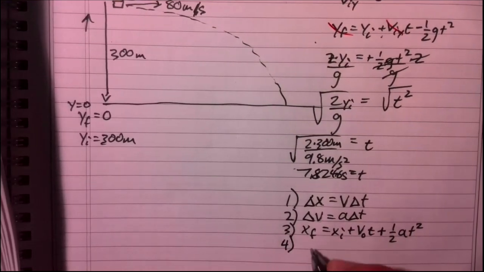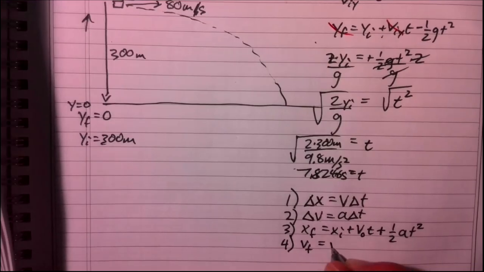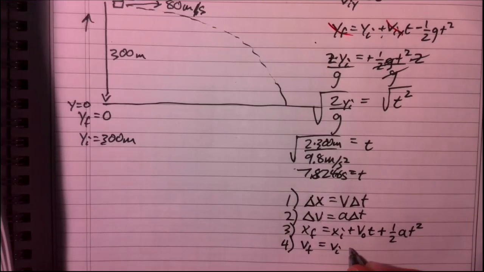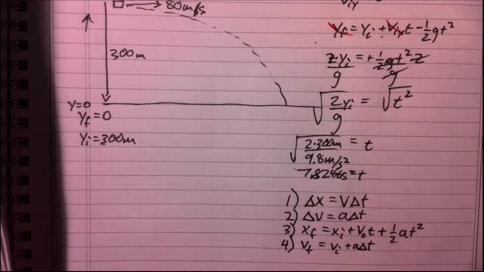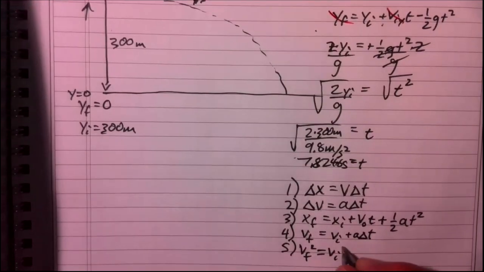The fourth equation is v final equals v initial plus a times delta t. And then my last equation finally, v final squared equals v initial squared.